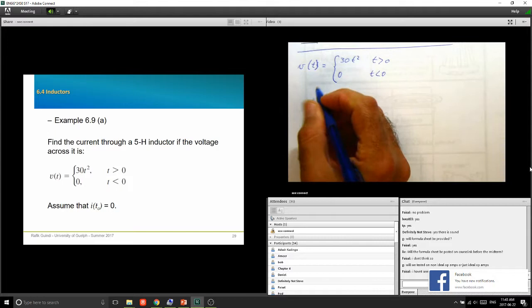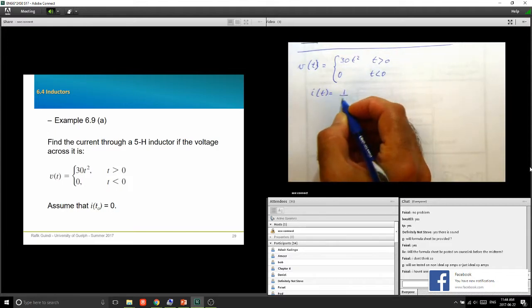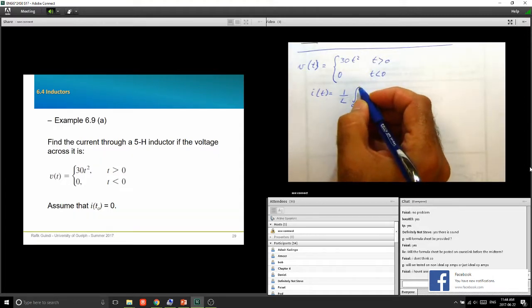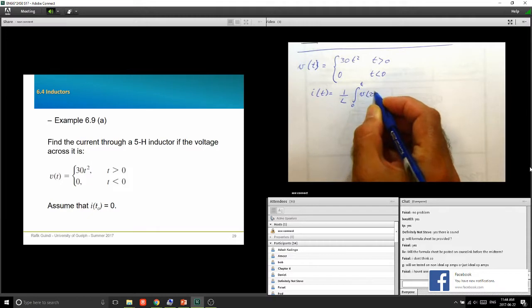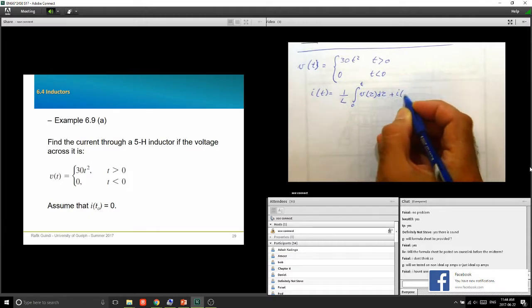So to find the current, I of t is equal to 1 over L integral from 0 to t of V of tau d tau plus I at t equals 0, or I of t naught.